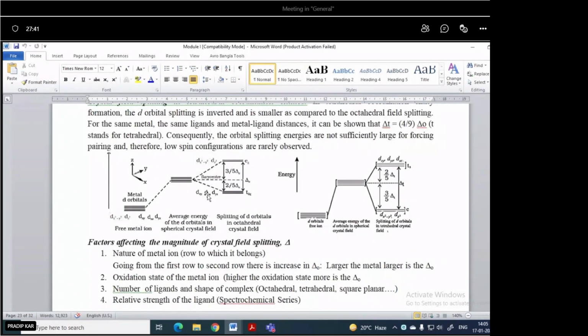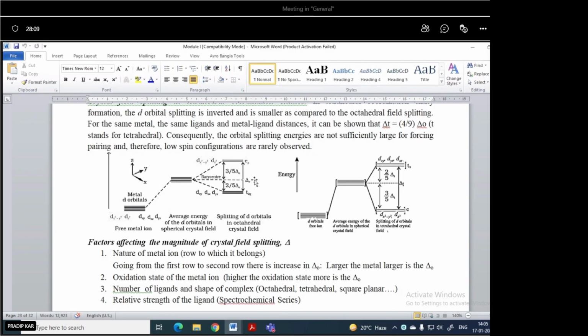The other orbitals are not interacting strongly with the ligand, and that is why they are placed in the lower energy state. They are further stabilized, and the other 2 are destabilized due to strong interaction with the ligand. So this is the splitting in the octahedral field, and the energy from the barycenter.